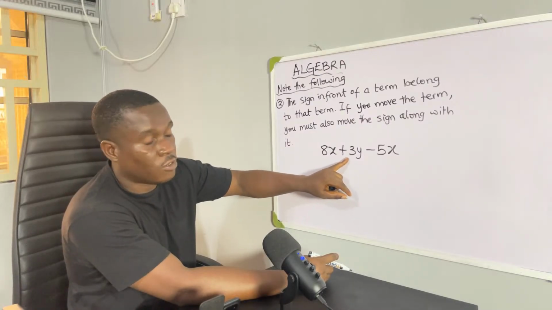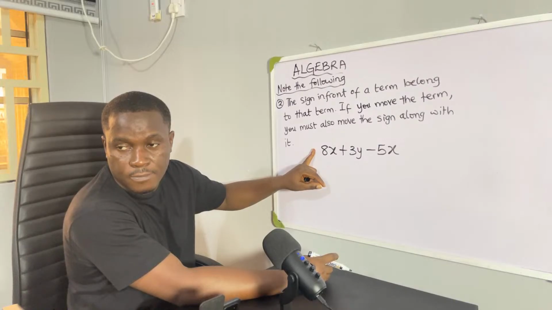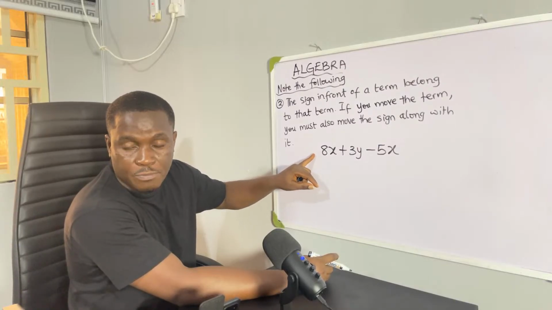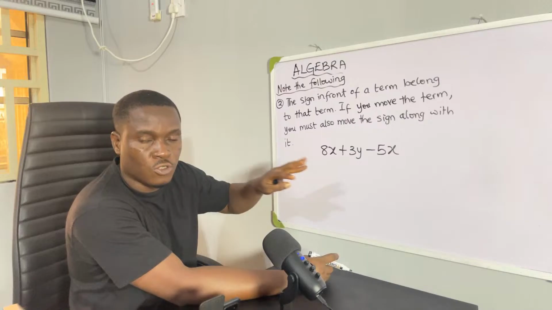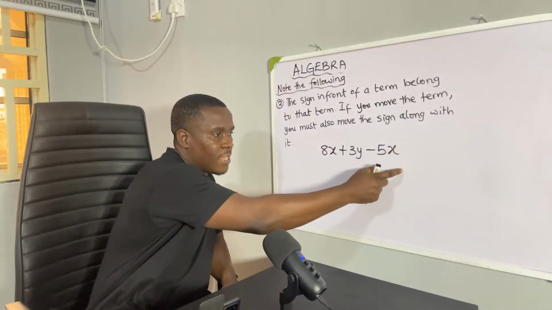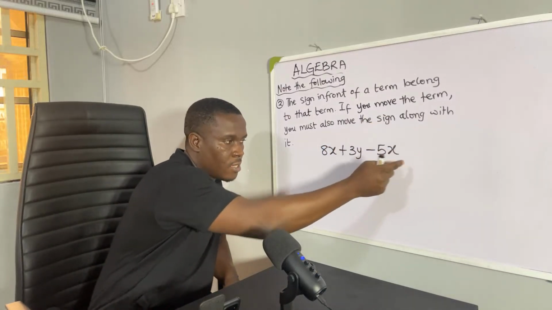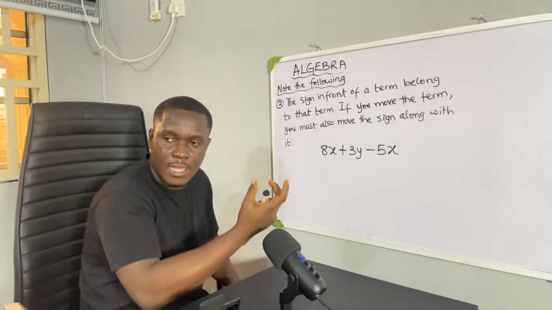This positive belongs to 3y. What sign is in front of 8x? Positive. That positive belongs to 8x. So what this principle is saying is, if I decide to move 5x forward and then move 3y back, they must also move with their signs.